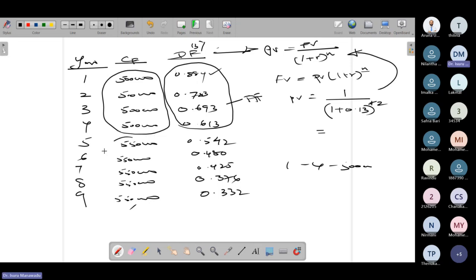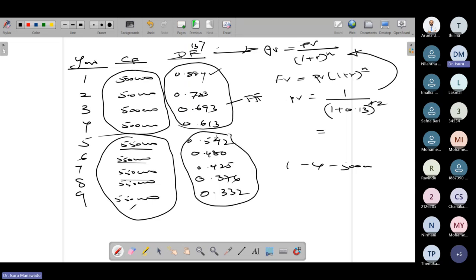Then again, year 5 to year 9 has a different cash flow, no? Then you need to take the total of these discounting factors. So you have two different sets of discounting factors as there are different cash flows. Years 5 to 9, 550. If we were given the entire 9 years at 500,000, then you could take the annuity factor directly for all 9 years.